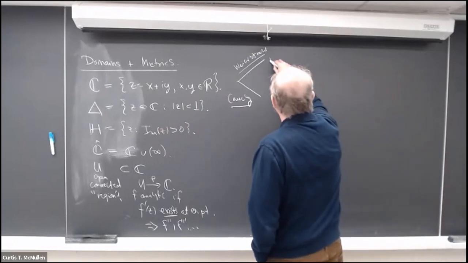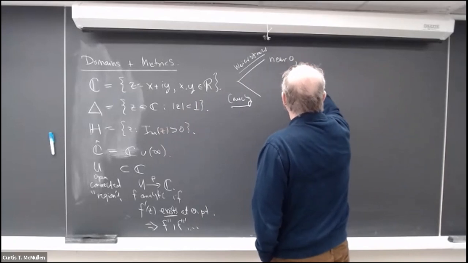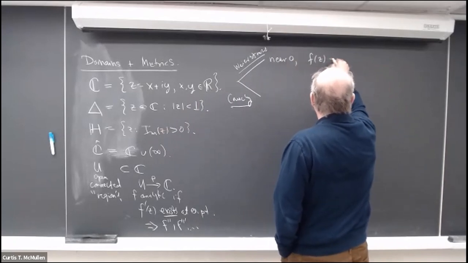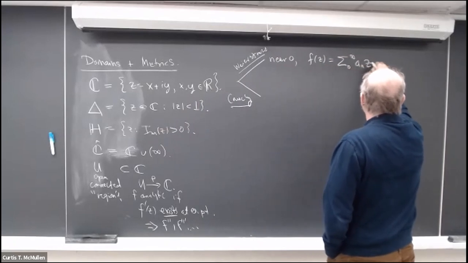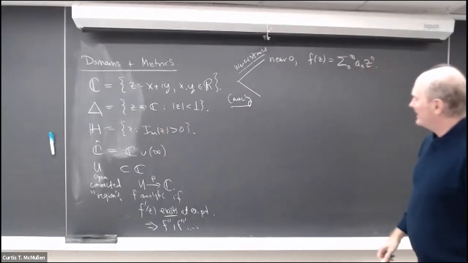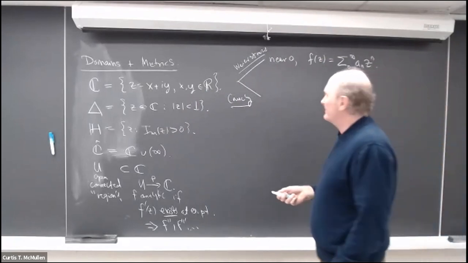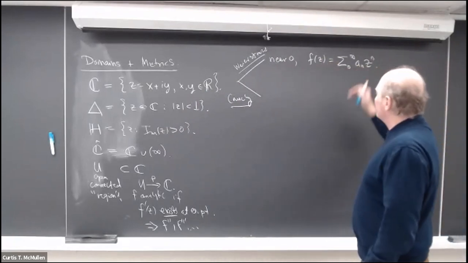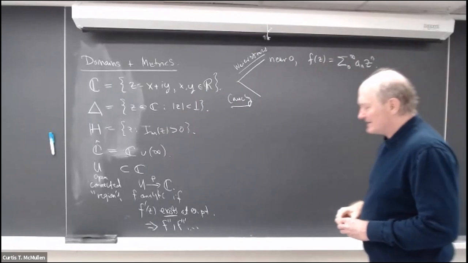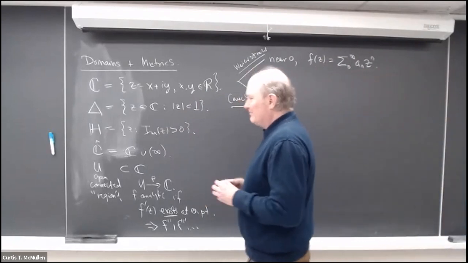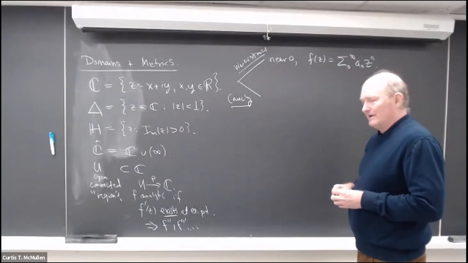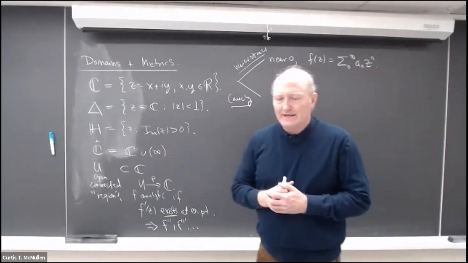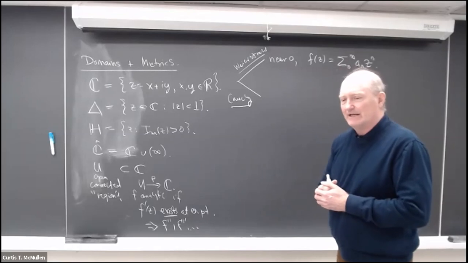So for example, if you have an analytic function near 0, you can write f as the sum from 0 to infinity of a_n z^n. It's just like a polynomial of infinite degree. And this power series converges uniformly on compact sets. And Weierstrass based his study of complex analysis and basic properties of analytic functions on this representation of the function.